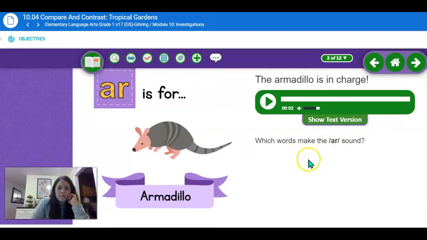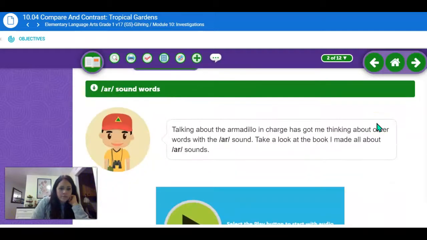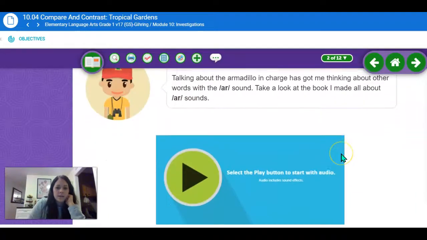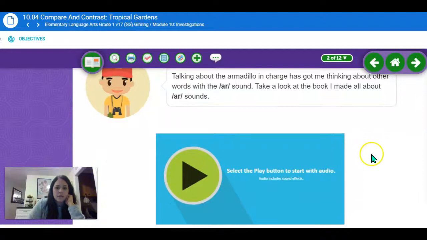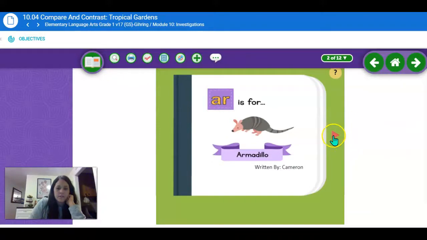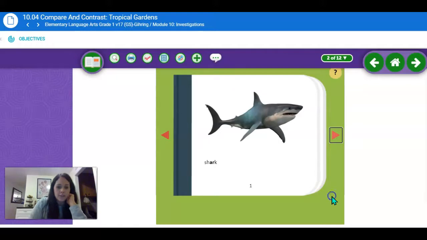So what do you hear when we say armadillo? What's AR say? R. The letters AR say R, like an armadillo. AR says R. Okay, so let's look at some other AR sounds. AR is for armadillo. Ooh, we have a shark.